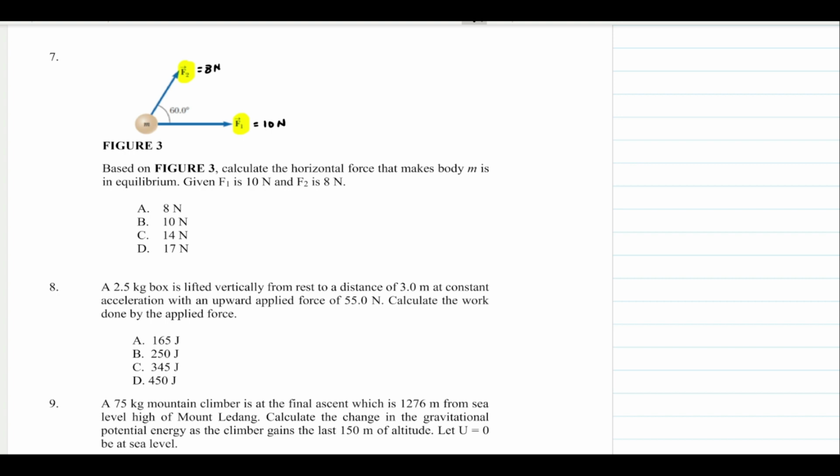So now soalan tanya, calculate the horizontal force that makes body M is in equilibrium. Okay, so untuk equilibrium, body M ini, equilibrium tu maknanya dia tidak bergerak ke kiri, ke kanan, kan, sebab dia nak horizontal force yang boleh jadikan M ini, mass M ini equilibrium, means that total Fx, okay, is equal to 0.